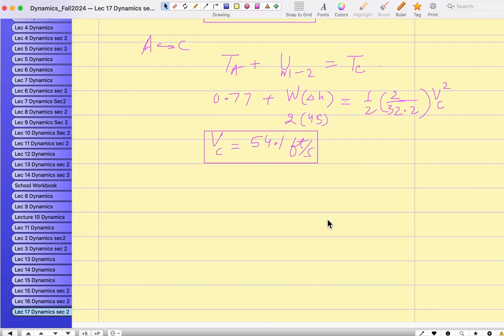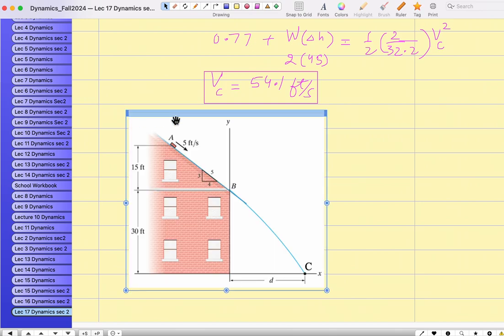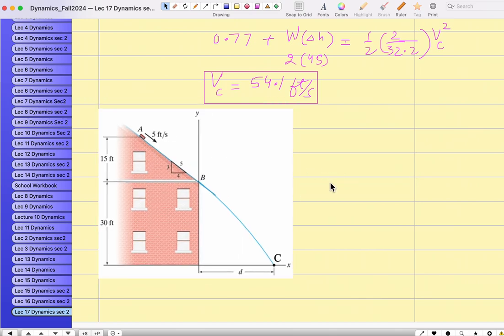If the velocity V sub B is in this direction, and this is a 3, 4, 5, what is V_Bx? That is more important because this is the distance formula I just wrote down here.